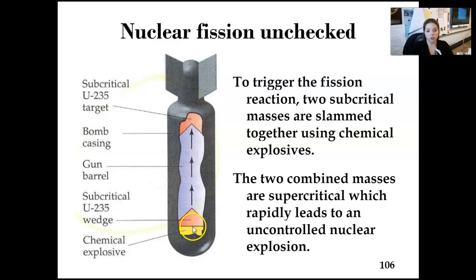So this wedge is going to be slammed up against that, causing an unstopped, unchecked nuclear fission reaction. To trigger the fission reaction, two subcritical masses are slammed together using a chemical explosive. Two combined masses are supercritical, which rapidly leads to an uncontrolled nuclear explosion.